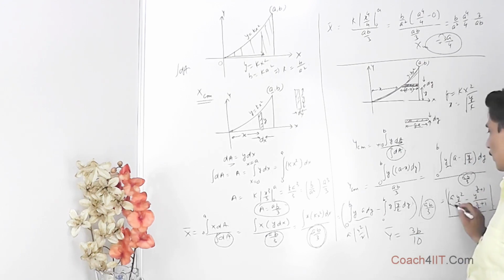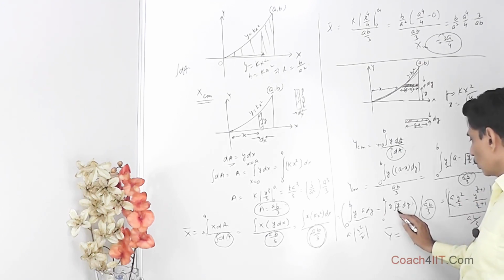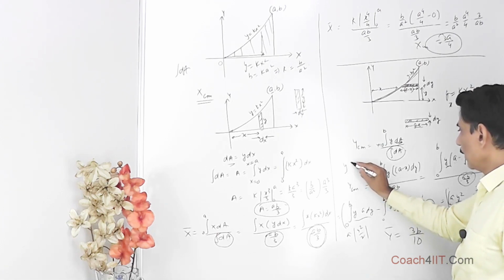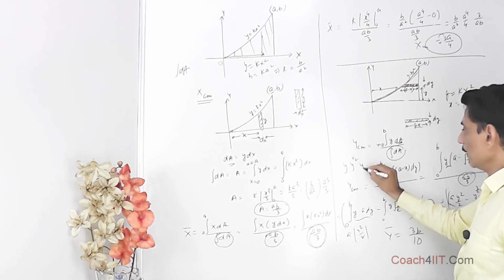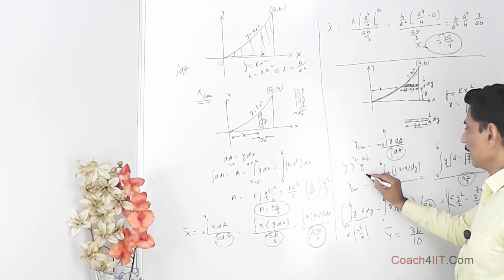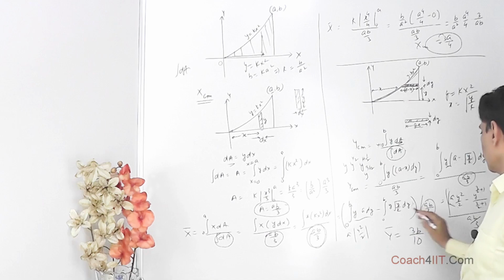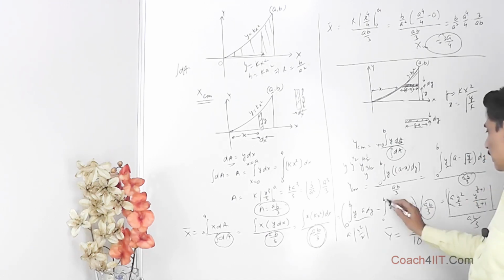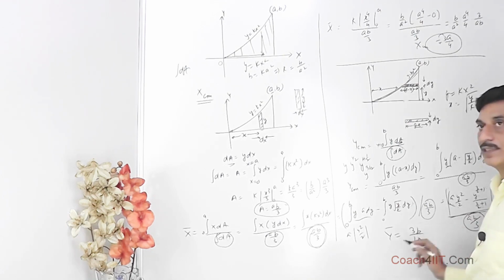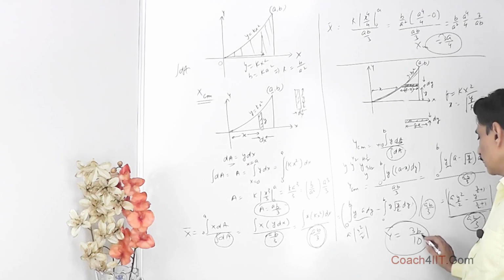So a y square by 2. And over here, root k is a constant, it will come out, and this is y into root y. So this is y into y raised to a half, so y raised to 1 plus half, that is y raised to 3 by 2. When we integrate it, raise the power by 1, and the raised power comes in the denominator, whole divided by ab by 3. So y bar comes out to be 3b by 10.